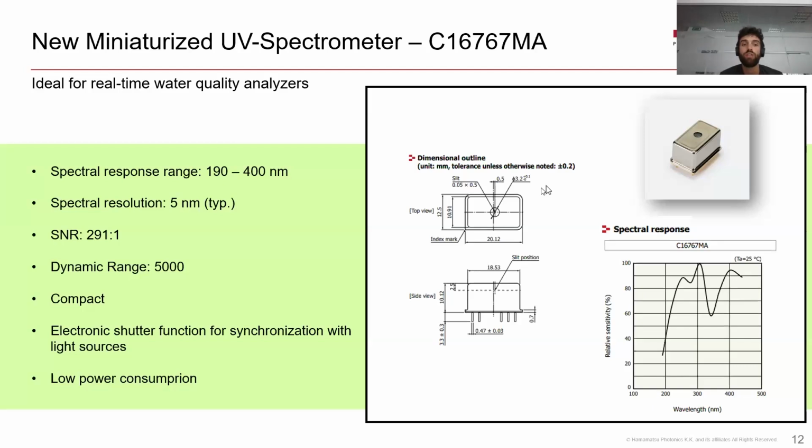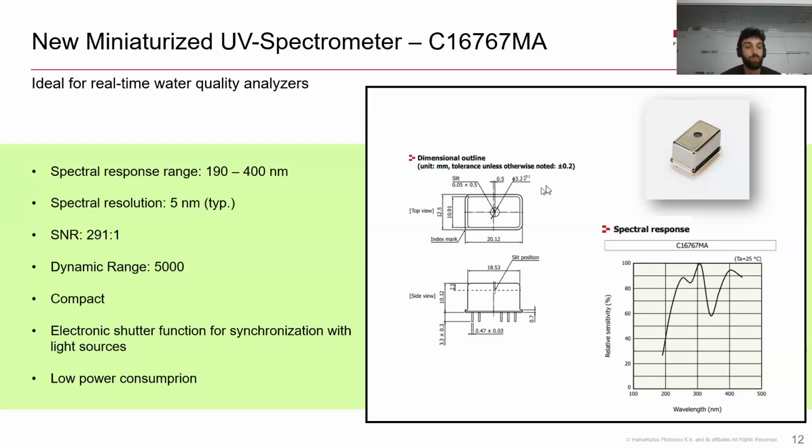Spectral resolution is outstanding and compatible with many of these applications. We're talking typically about 5 nanometers. Signal-to-noise ratio, very important to detect a low concentration of analytes in water, is 291 to 1, so pretty good. We have a dynamic range of 5,000.